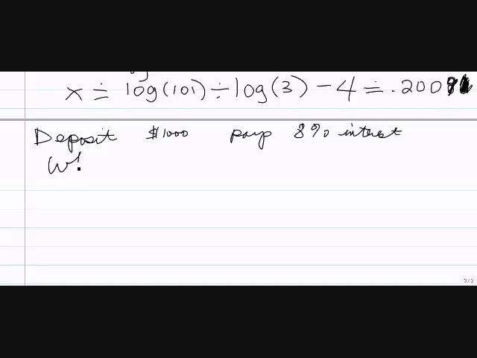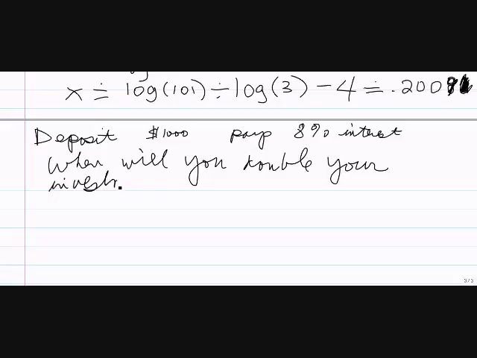My question is, when will you double your money? When will you double your investment?